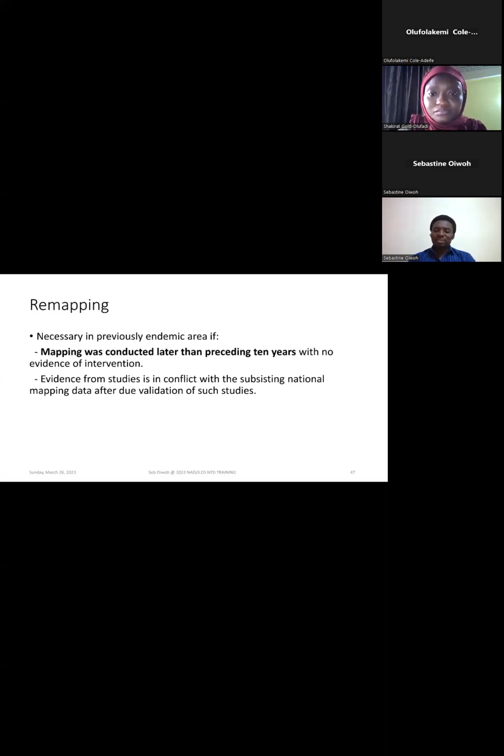yes, I had mentioned that the duration depends on the level of presentation, the severity of the lymphedema, and whether or not the person falls within the endemic area or has symptoms. So it's not a straight-jacketed thing.